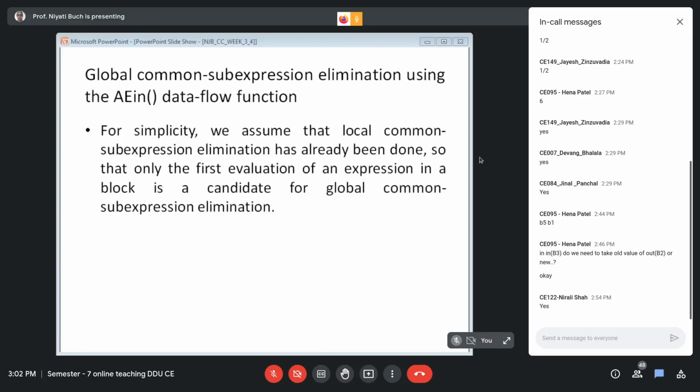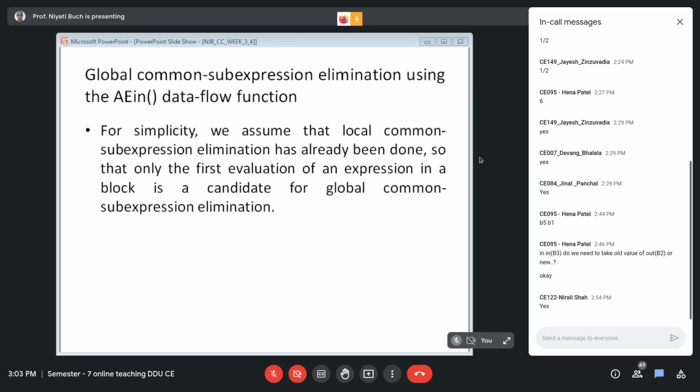Now you can try to apply common sub-expression elimination to that flow graph. Apply local common sub-expression elimination first for each and every block and see if there are common sub-expressions locally which you can eliminate. Then apply this algorithm and see how you are able to go about it. You can do that for practice.